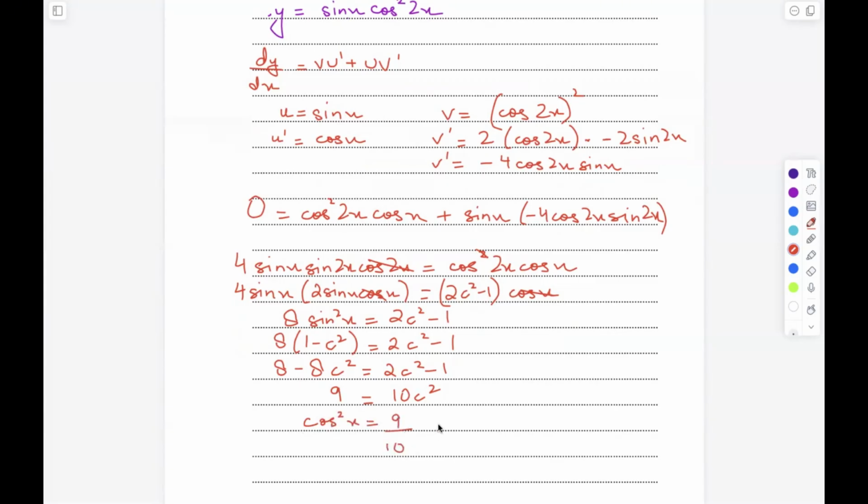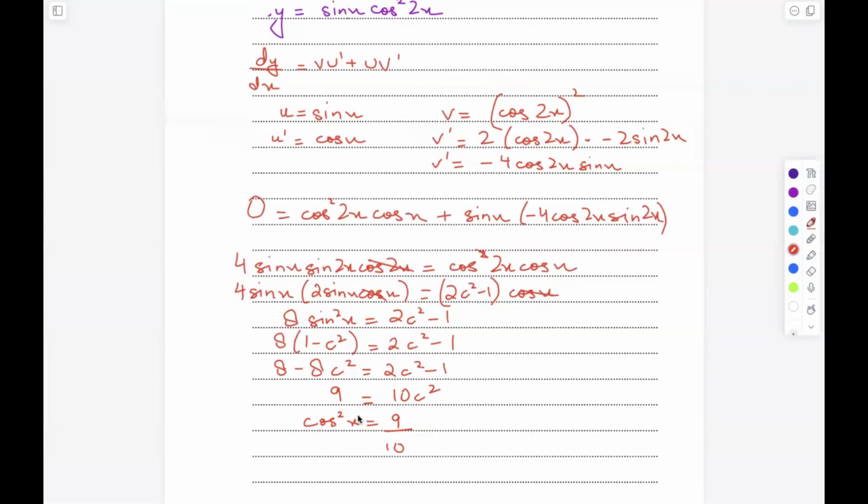So now we just have to square root 9 upon 10 and then take cos inverse. So substituting this value in the calculator, we'll get cos inverse of square root of 9 upon 10.